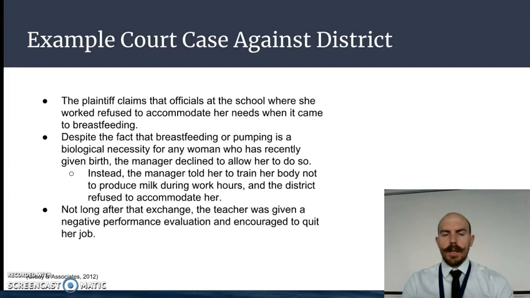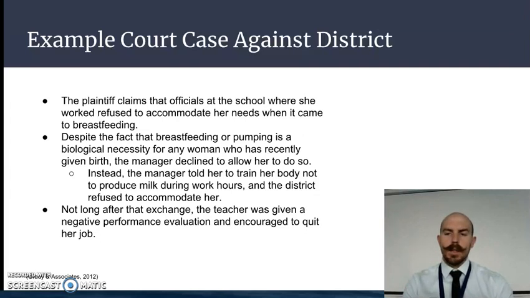An example of a court case that I found to be interesting involved a female plaintiff at a school. She had just given birth and returned from her maternity leave and was basically denied her ability to prepare for her child.